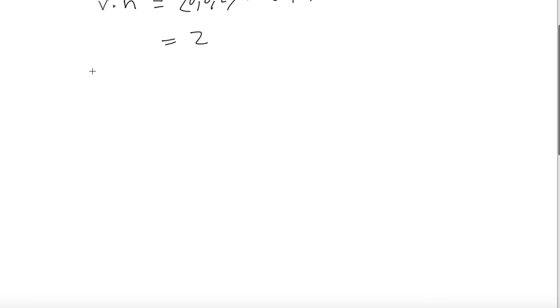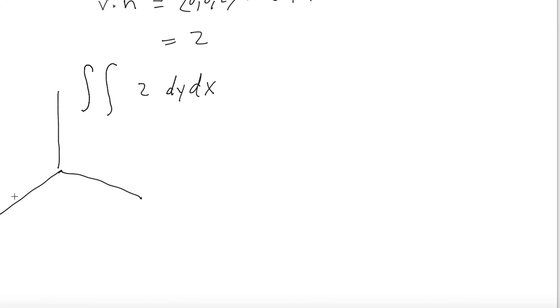So we're going to take the integral of 2 dy dx. As I stated before, this is something we've done an integral on a couple times. So we need to create this region. This is 1, this is 1. We're going to make it vertically simple in this direction.